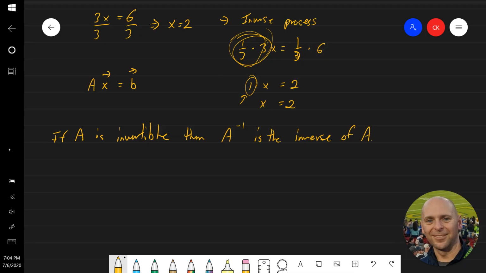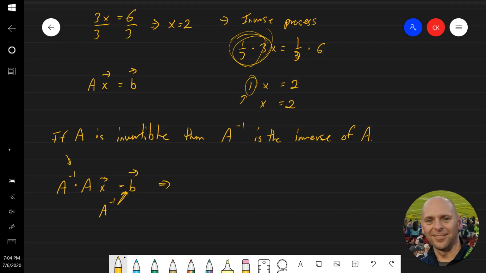And if we allow ourselves to use that notation, we can take our expression Ax equals B, and now we can multiply both sides by A inverse. And you'll remember, multiplication is not commutative, so we have to be careful. If I multiply on the left side over here with A inverse, I have to multiply on the left side of the other side of the equation by A inverse as well.